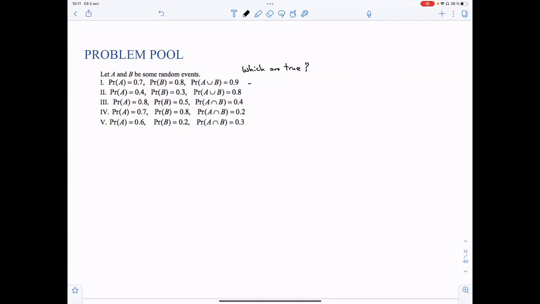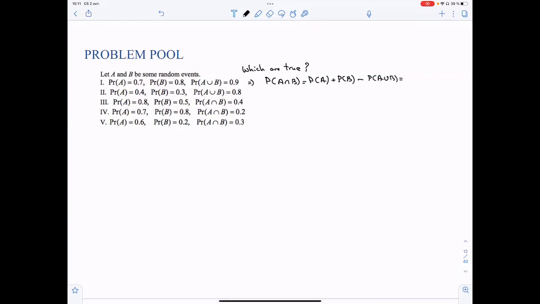And the first statement says about the union. So let me recall the formula of the intersection of 2 random events. It is P(A) plus P(B) minus the probability of their union.